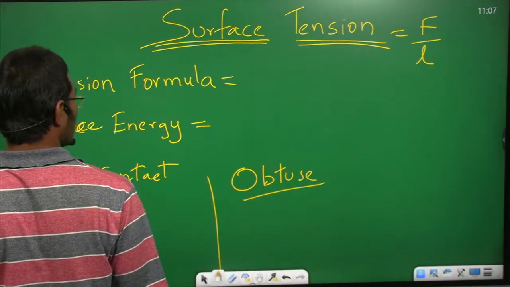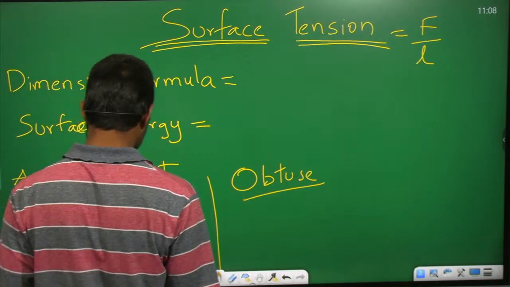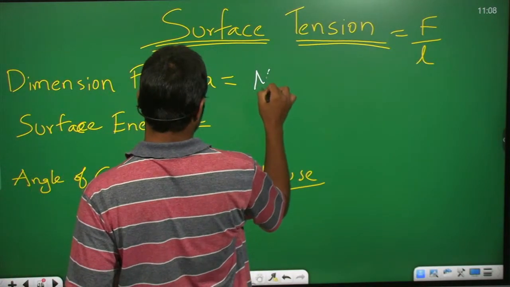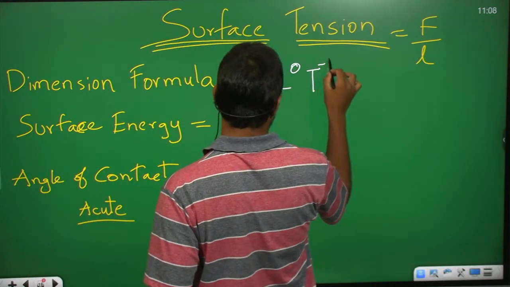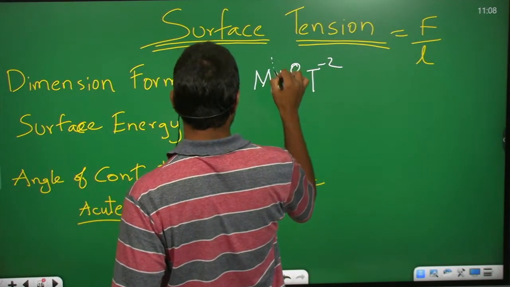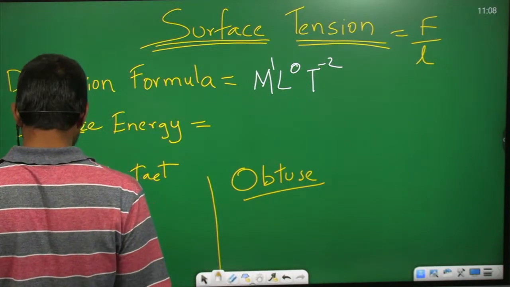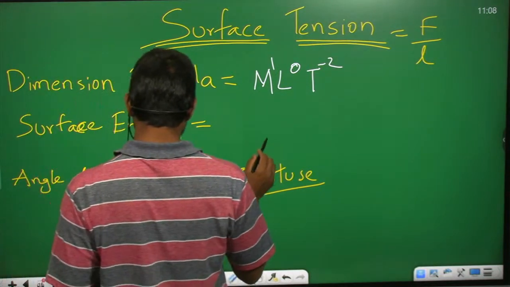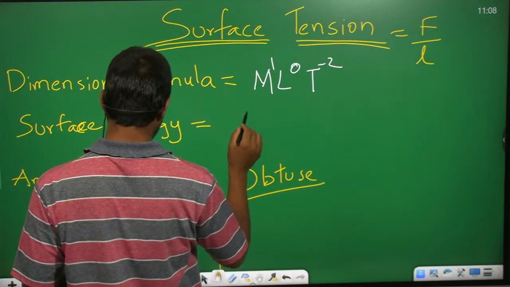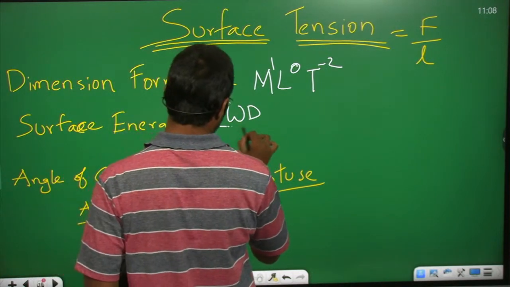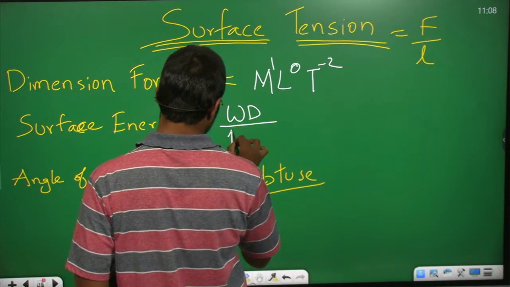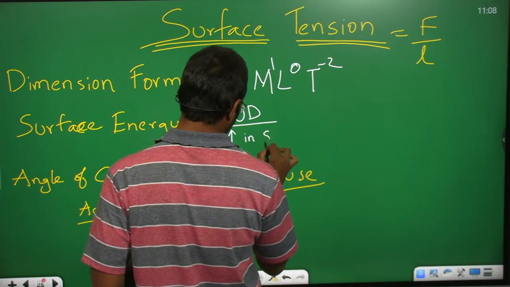So, for the dimension formula, okay, this is the dimension formula. So work done in increasing the surface area, work done by increase in surface area.